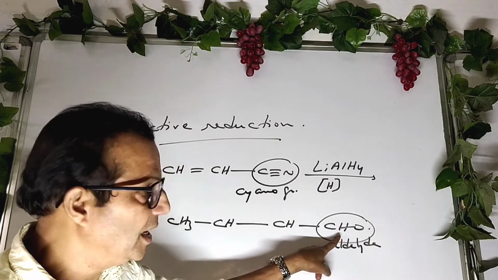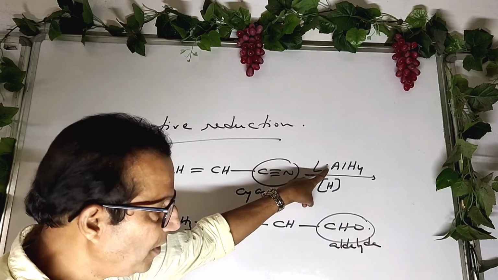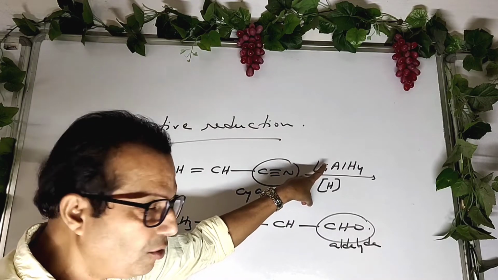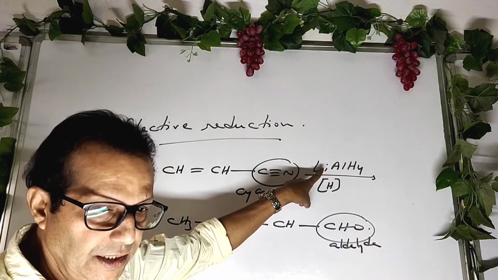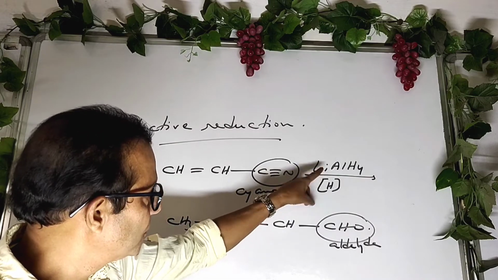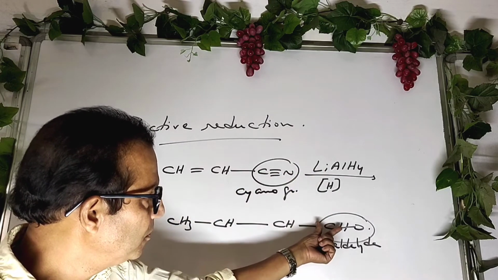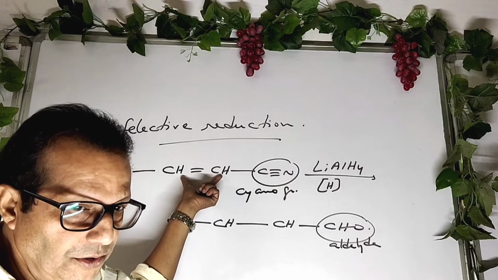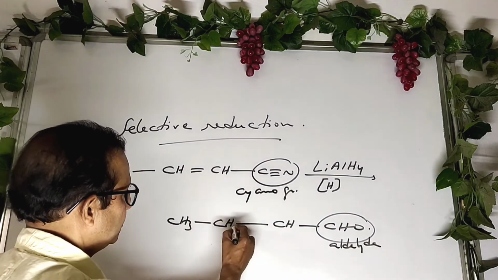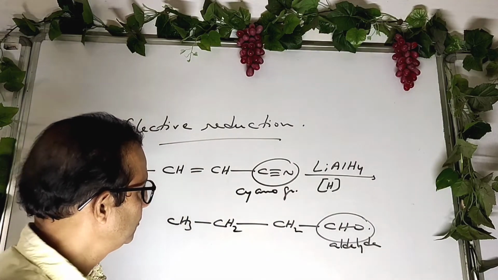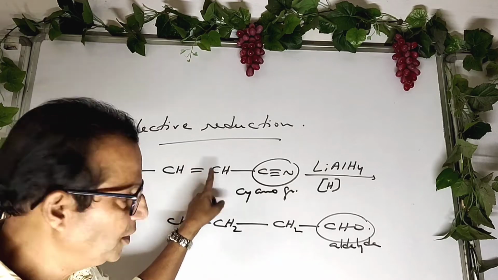But the problem is that lithium aluminium hydride is so strong a reducing agent that it reduces the cyano group along with the double bond. The double bond also is reduced.